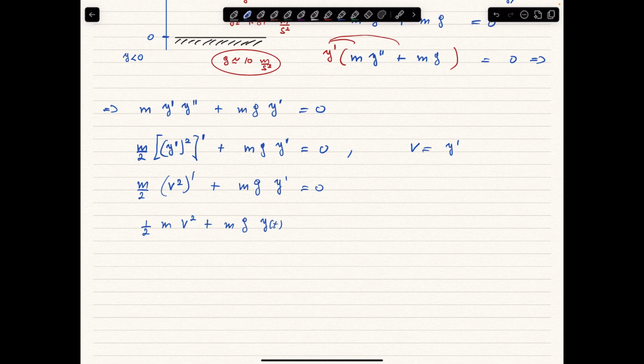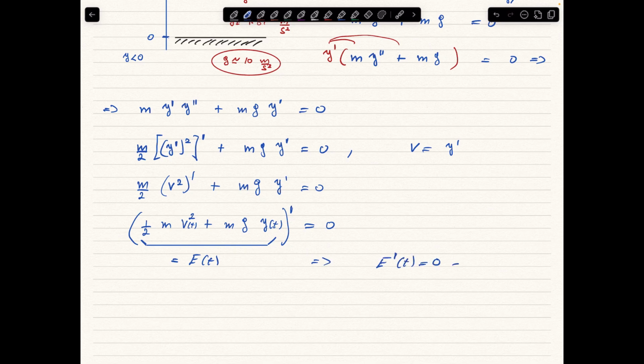Recall this is a function of time, this is a function of time, all that derivative equals 0. So now we have a conserved quantity because the derivative is 0. We define this to be our mechanical energy, because with that definition E prime of t is 0, and therefore the energy is conserved, equal to the initial energy.